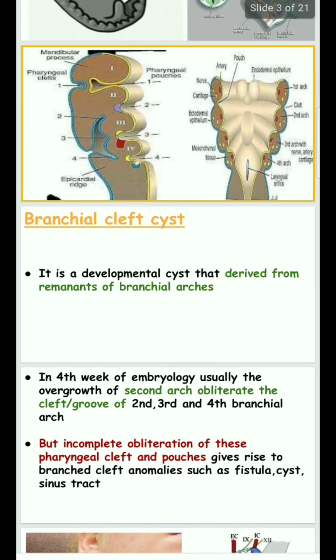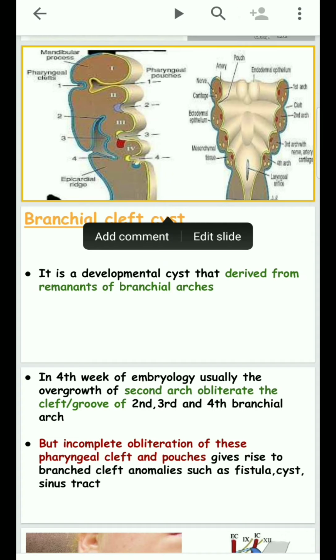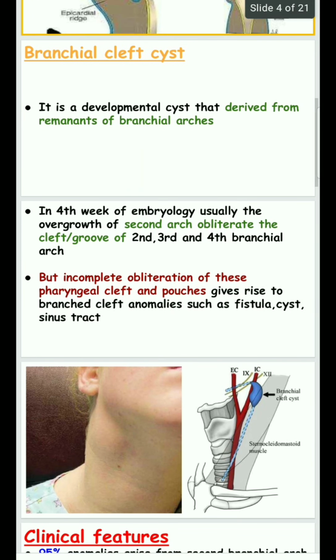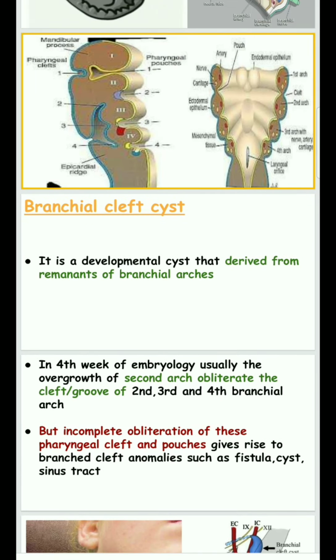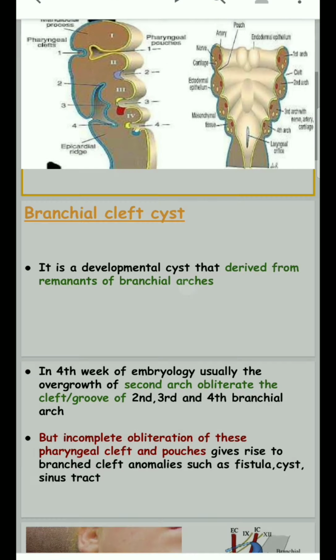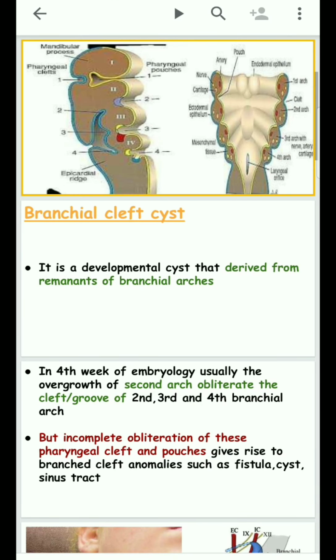We go to the topic, branchial cleft cyst. It is a developmental cyst derived from remnants of the branchial arches. In the fourth week of embryology, usually the overgrowth of the second arch obliterates the clefts or grooves of the second, third, and fourth pharyngeal arches.